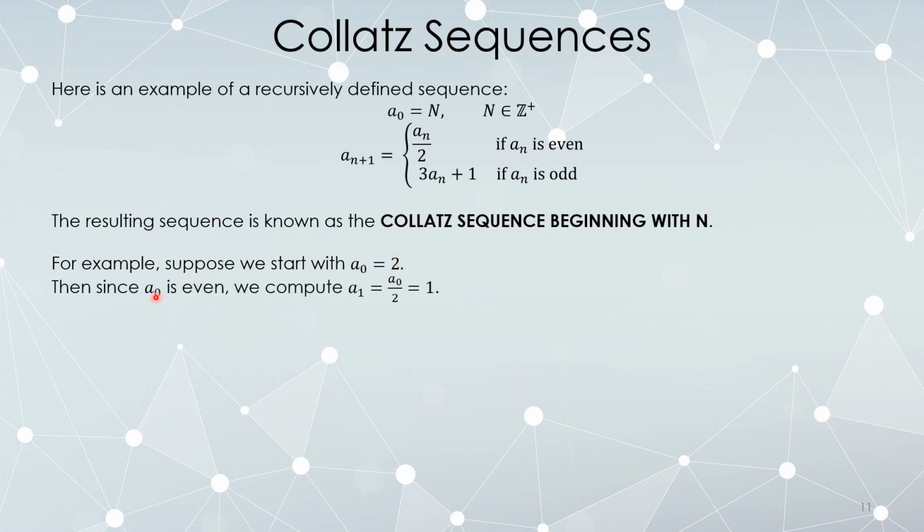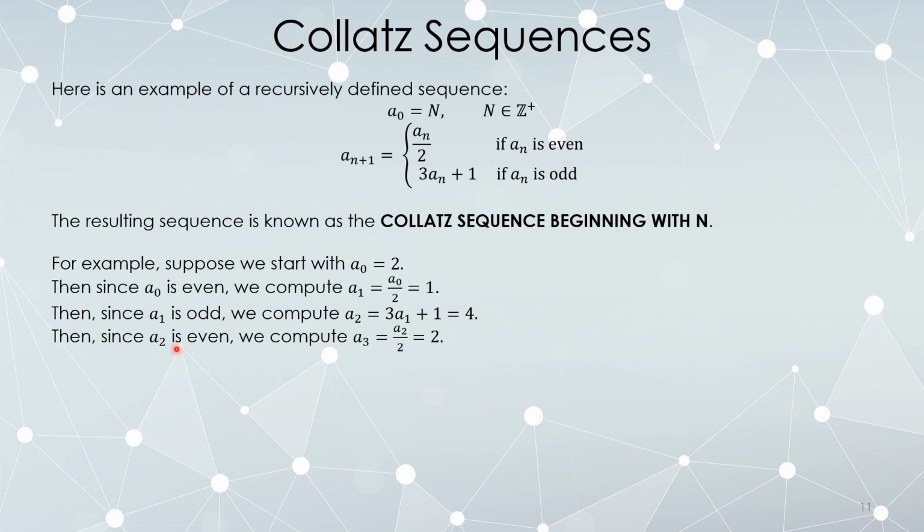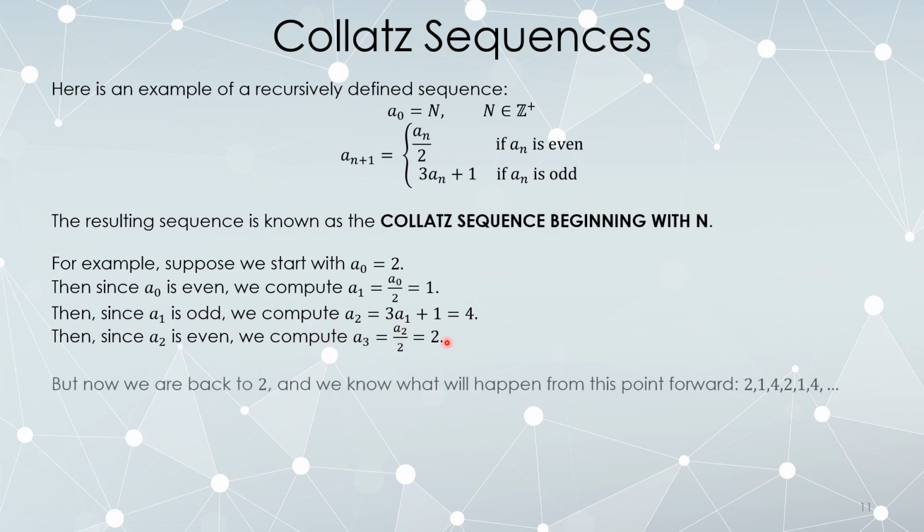Well, since that term is even, we compute the next one by dividing by 2, and we end up with 1. Since that term is odd, we compute the next term by multiplying by 3 and adding 1 for a result of 4. Since that is even, we compute the next term by dividing by 2, and that result is 2.